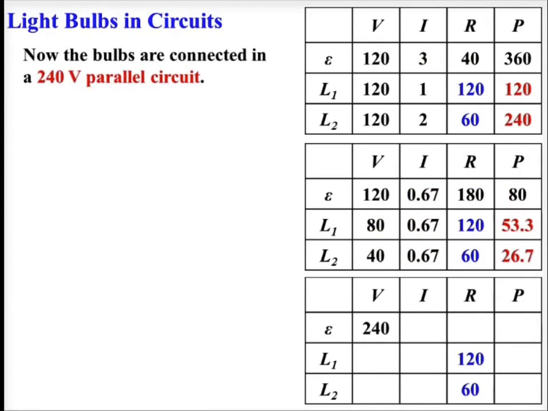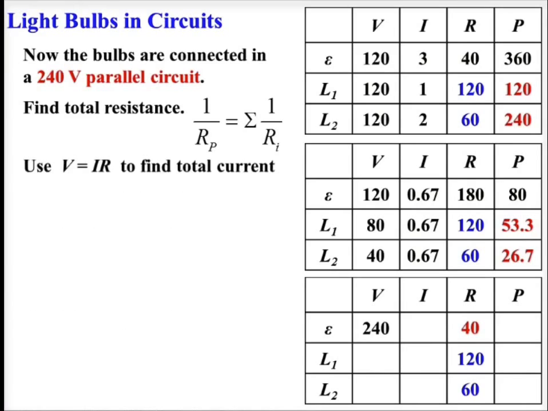So now these bulbs are connected to a 240-volt parallel circuit. This is a European circuit. Again, we can solve for the total resistance by using 1 over 120 plus 1 over 60 to give us 40. Remember, we need to find the inverse of that final number. With voltage and resistance, we can solve for current.